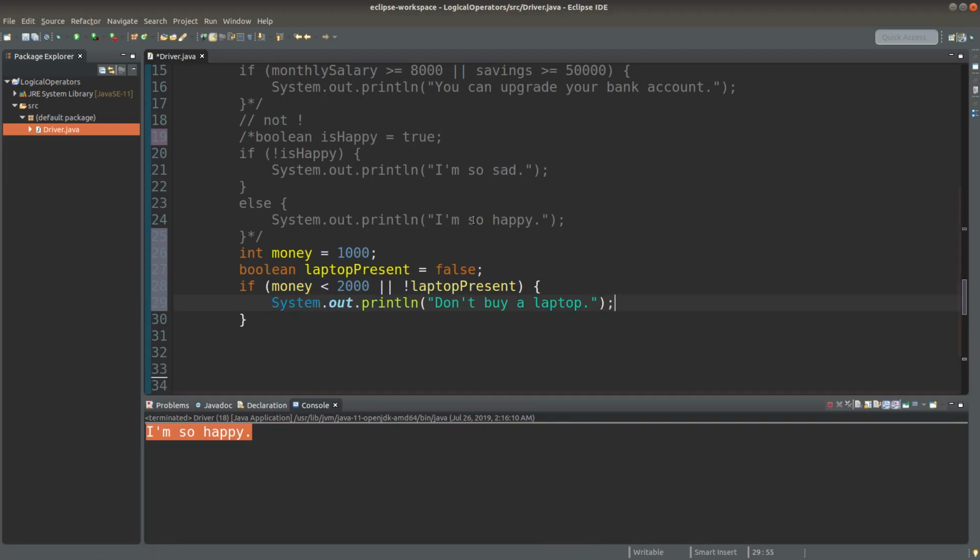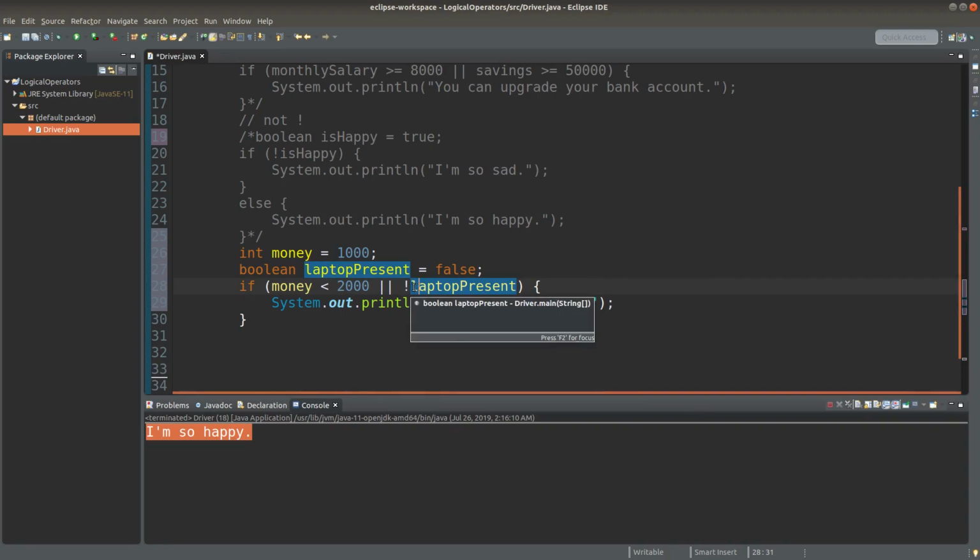If my money is less than $2,000 or my laptop is already present, I don't buy a new laptop.